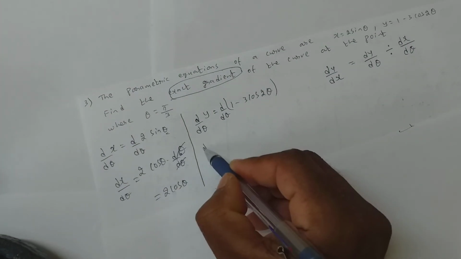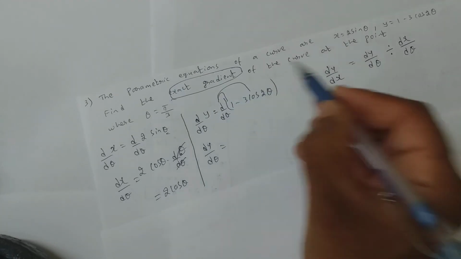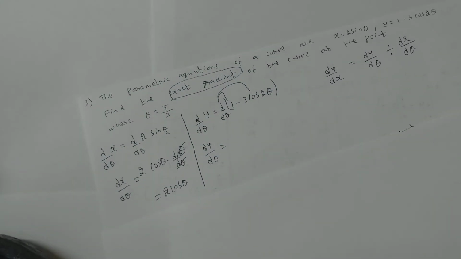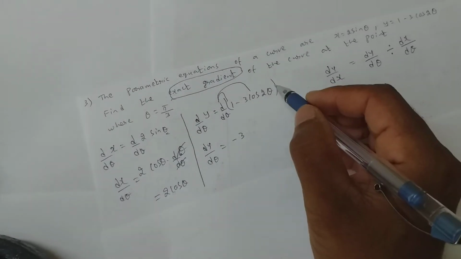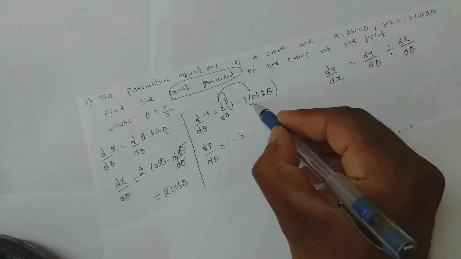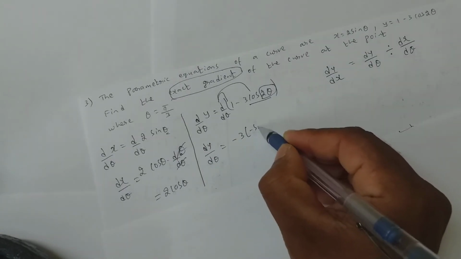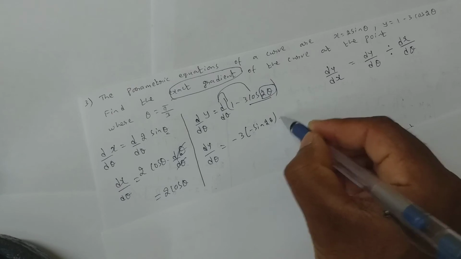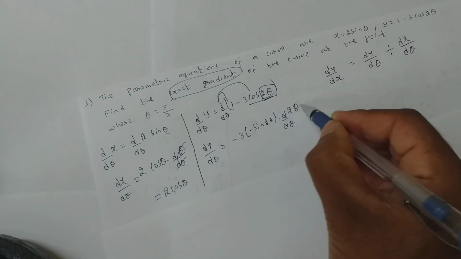Now here also on both sides place d by d theta. So it becomes dy by d theta equal to, this gets applied to this and also to this one. Of 1 it is 0, of this it's minus 3 into minus sin 2 theta into d by d theta of whatever letter you have here, 2 theta.